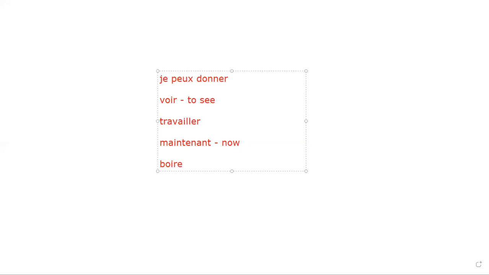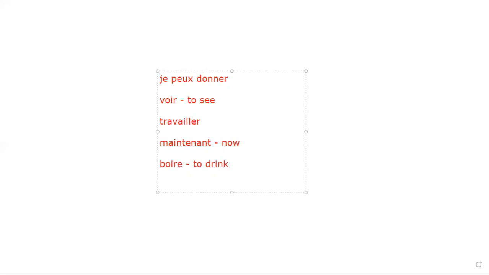Repeat after me. Voir and boire. Voir is my verb to see and boire is my verb to drink. Both of these verbs have a different ending.